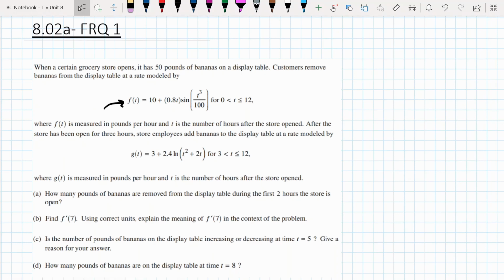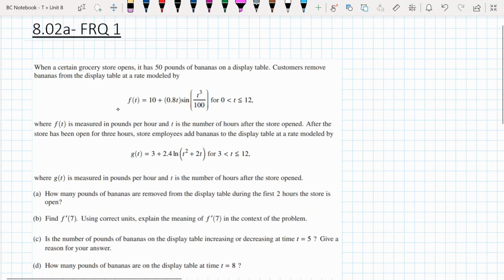And then after the store opens for 3 hours, employees add bananas to that shelf through this function. So we have a rate out, that's f of t, and a rate in, which is g of t. F of t starts at t equals 0. G of t starts at t equals 3.